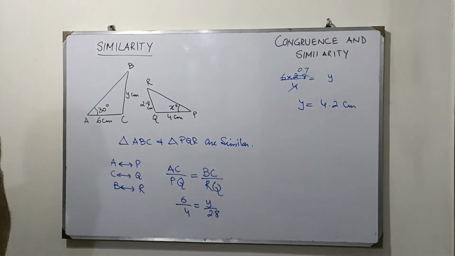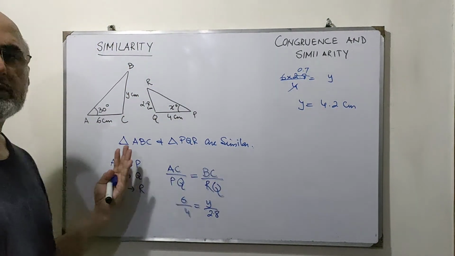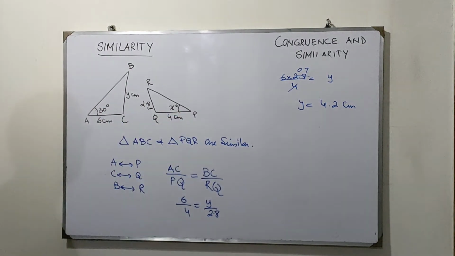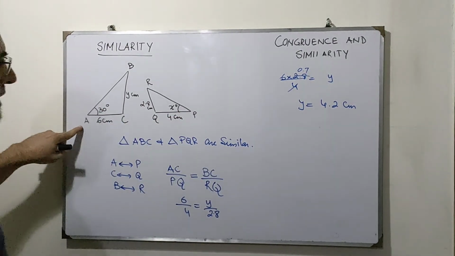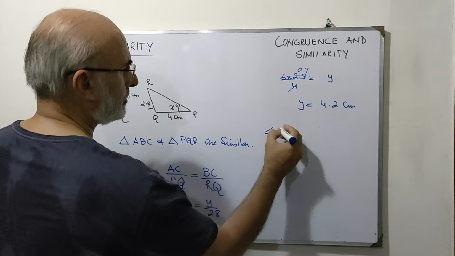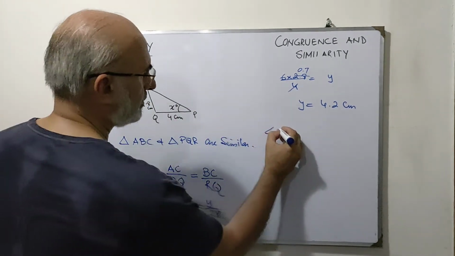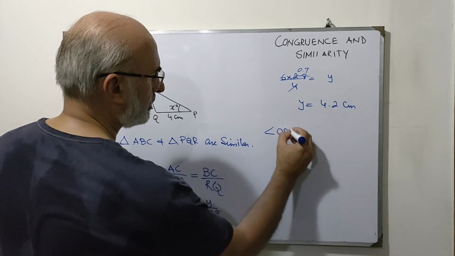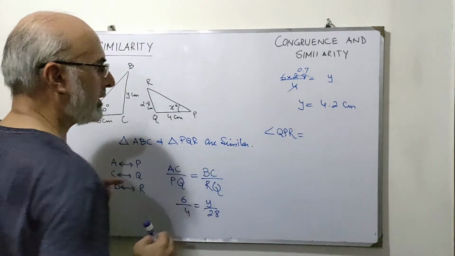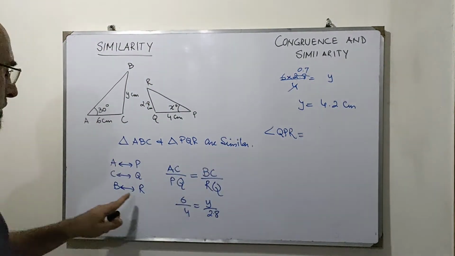So we have our unknown side. For the unknown angle, we have to find angle QPR, and this corresponds to angle CAB.